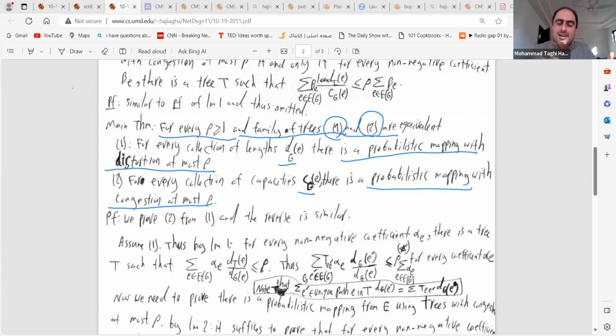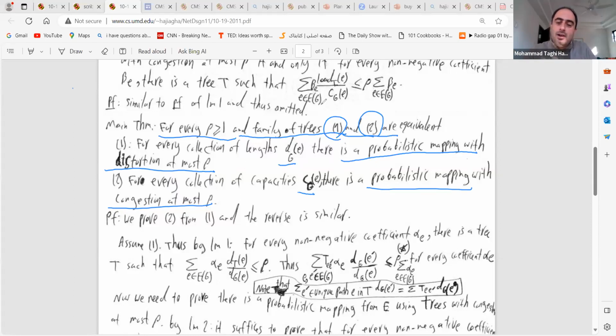And here he is just using these two other lemmas that I have mentioned. First he characterized what's the meaning of distortion at most alpha, and in lemma 2 he characterized what's the meaning of congestion at most beta. Then he said that these two are equivalent. Why?